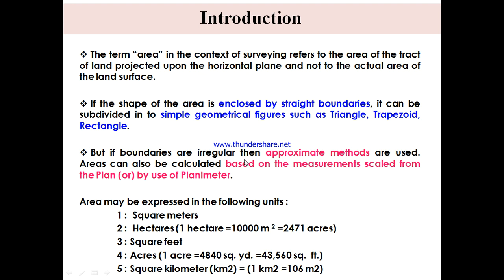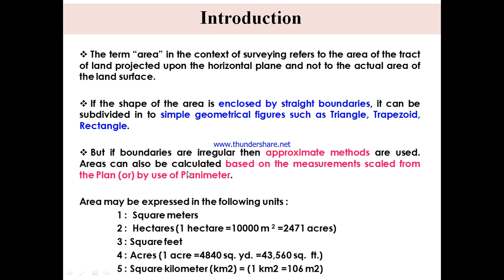Area can also be calculated based on the measurement scaled from the plan. It means from the map we have to scale down the values. For example, if I am taking a scale of 10,000 meters equal to 1 centimeter in my graph, then I need to represent the area, and I can easily calculate the area by scaling the plan.